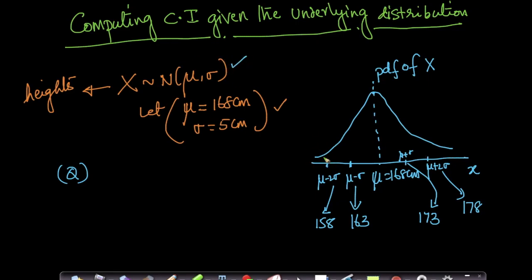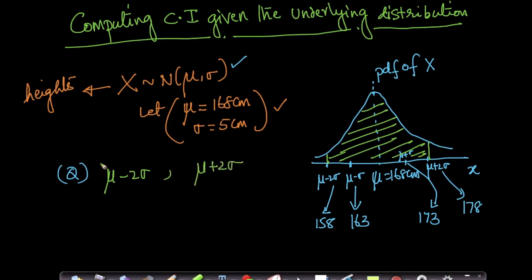The second thing I know is, for a Gaussian distribution, 95% of the data lies between mu minus 2 sigma and mu plus 2 sigma. I know that 95% of my observations lie in this interval.